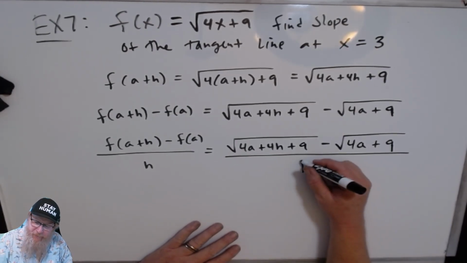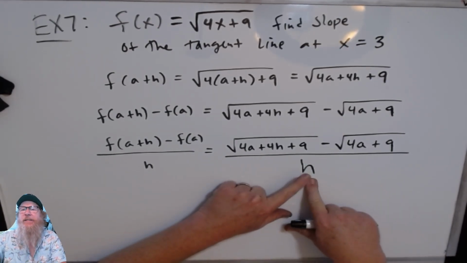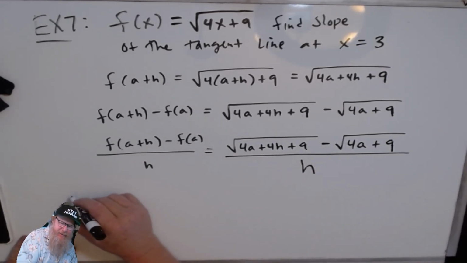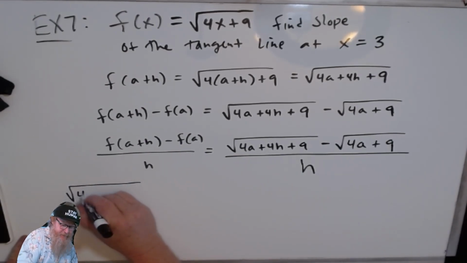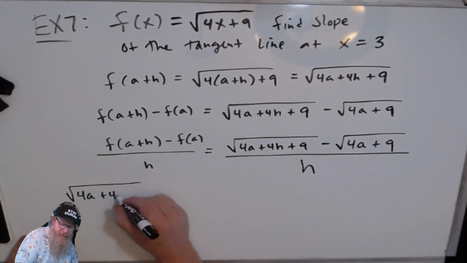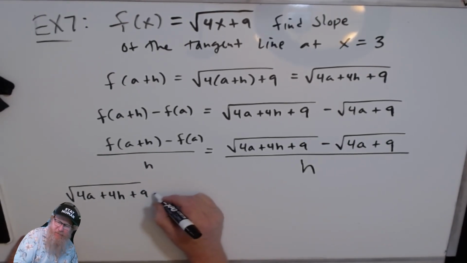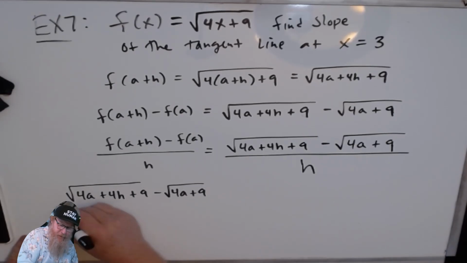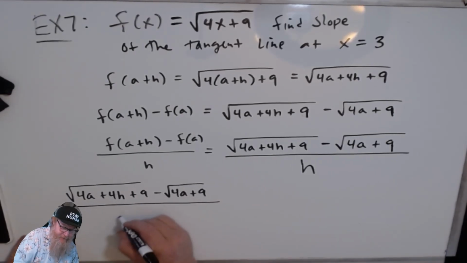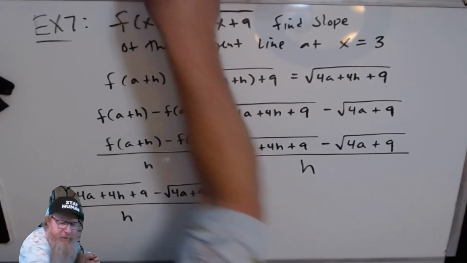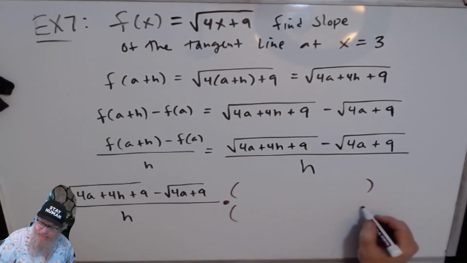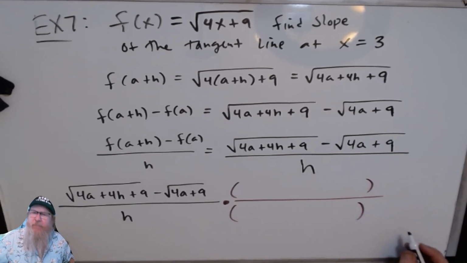All right, so I'm going to have to now take the limit. But look where we're at with the limit. The limit as h goes to 0 would be DNE. So we're going to use that technique that we learned in chapter 1 of multiplying the numerator and the denominator by the same number.